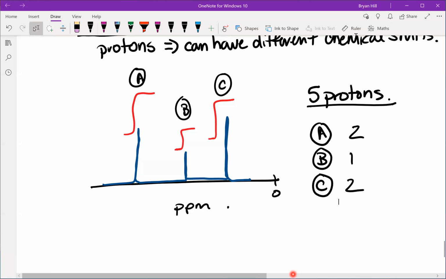Often when you run the integral, there'll be a number associated with them. But if there's ever a case where there isn't, then you need to make an educated guess from the heights to determine which one is which.